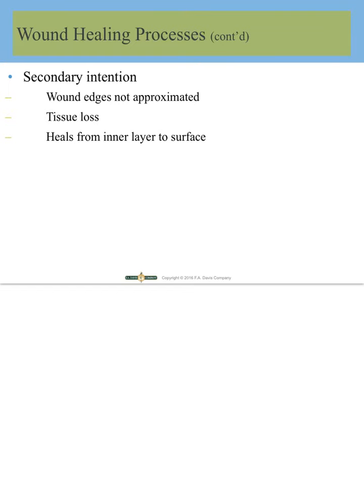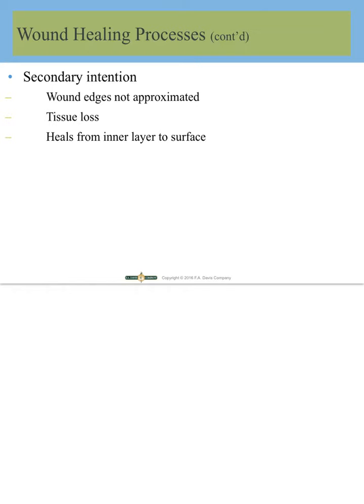Then there's secondary intention. Healing by secondary intention occurs when a wound involves extensive tissue loss, which prevents the wound edges from approximating or coming close together, or it should not be closed because it is infected.